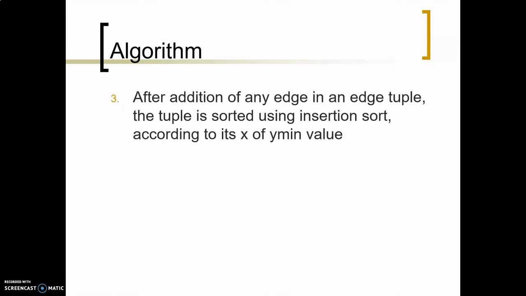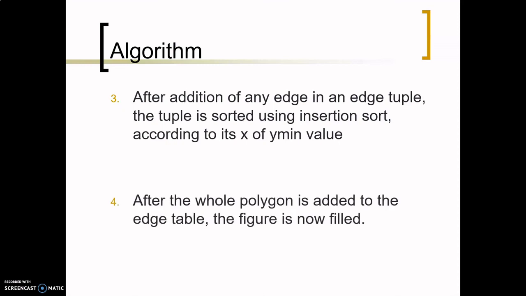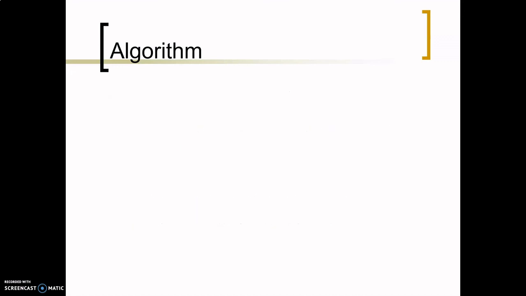After addition of any edge in an edge tuple, the tuple is sorted using insertion sort, according to its x of y min value, that is the lowest x coordinate value. After insertion sort, the whole polygon is added to the edge table and the figure is then filled, because after the complete polygon is scanned with a horizontal line, the whole polygon will be filled with color.